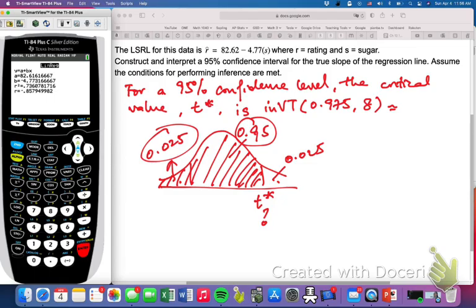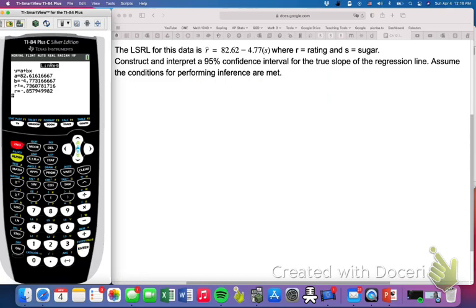If you go to the calculator, I hope you remember how to get there. Perhaps I can show you very quickly. Go to second vars, and you see inverse T, number 4. It asks you for the area, 0.975, and the degrees of freedom is 8 because it's sample size minus 2, 10 minus 2.